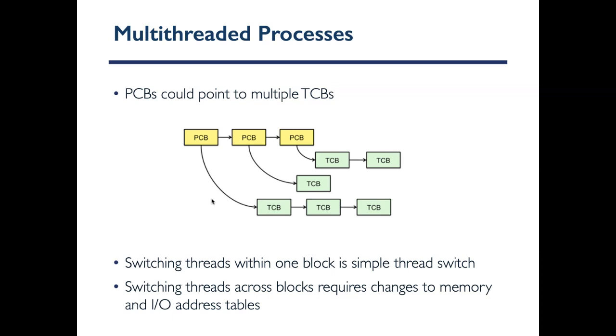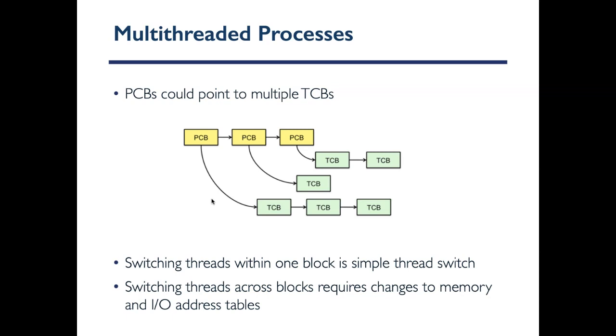So let's say that your CPU was running thread number 1 of process number 1. Now it wants to run thread number 2 of process number 1. So the amount of data that has to be prepared for this context switching is minimal.